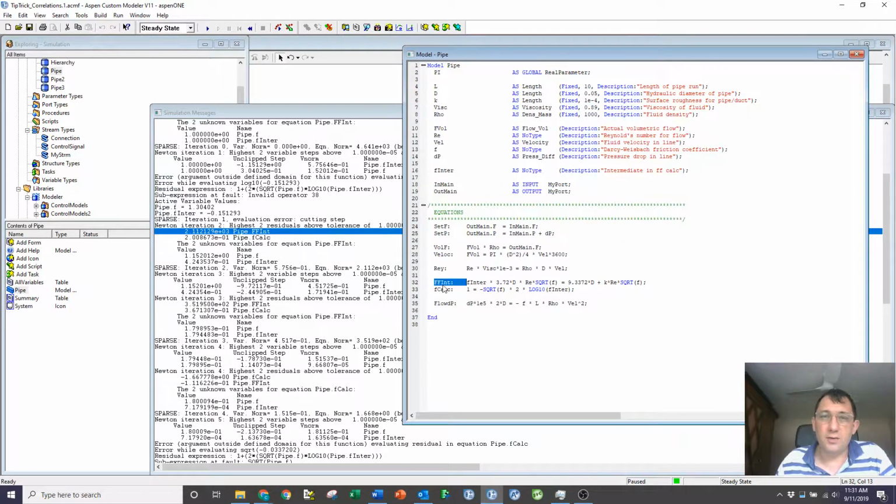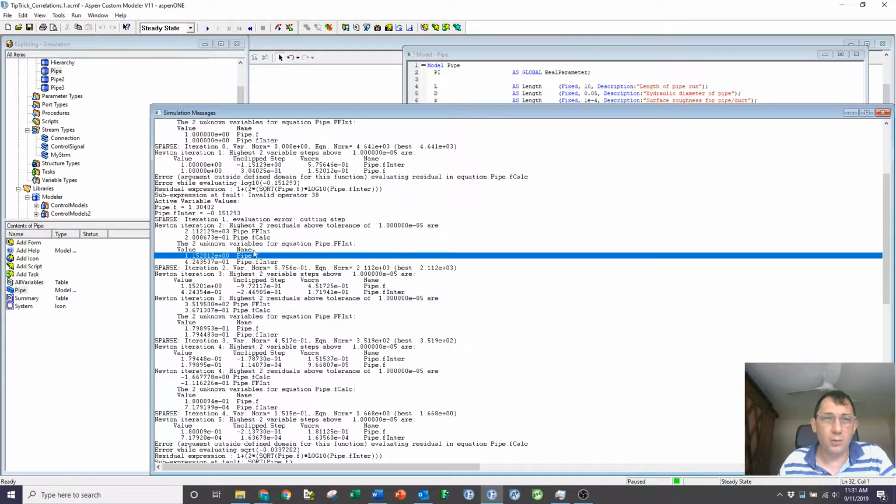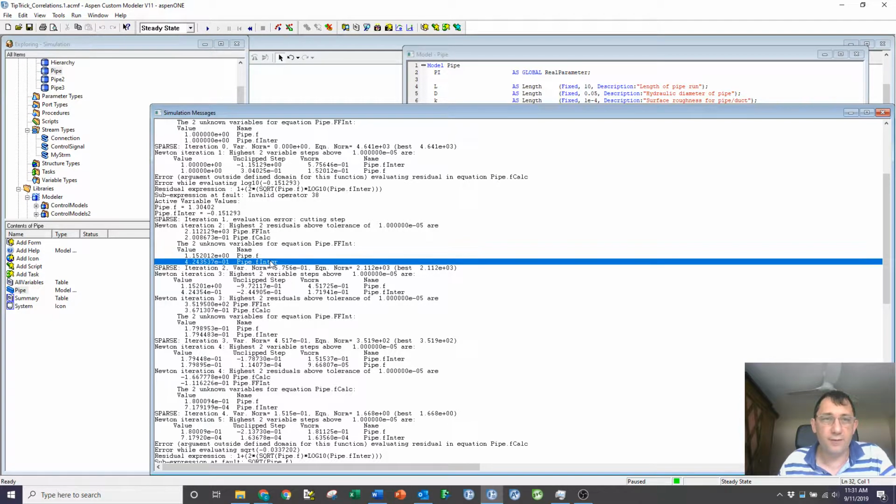And so I can actually see that this is the equation that's causing its grief. And it's not surprising because there's lots of non-linearity in that equation, so it's going to have a hard time converging it. So what I can do though with this error turned up is I can see that ff_int is causing the biggest problem. The two variables that are being used in that equation are f and f_inter.